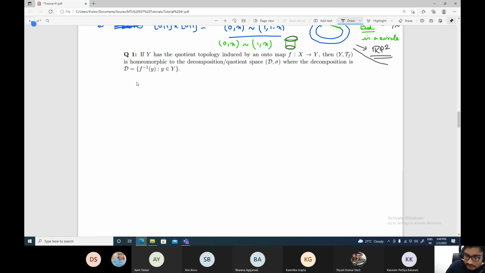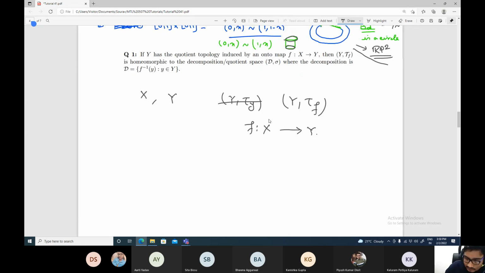In class, sir gave you some sketch of this. Now read the statement. You have a topological space X, and any given set Y, you can define (Y, tau_f), where f is a surjective function from X to Y. This is the topology induced by this surjective map.